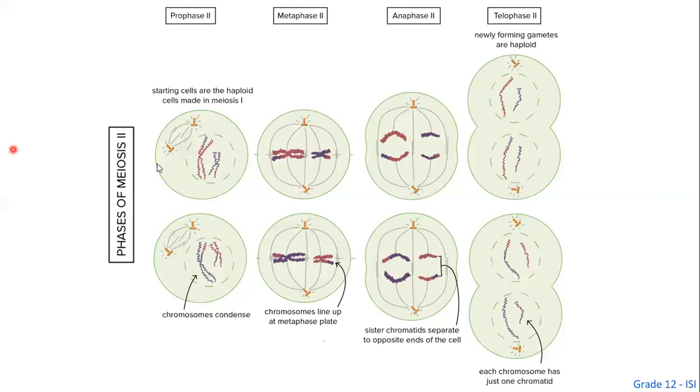So at the end, as you can see, we have 1, 2, 3, and 4 haploid cells. These cells have N chromosomes with 1 chromatid. So at the end of meiosis, we will get 4 gametes, 4 haploid cells.